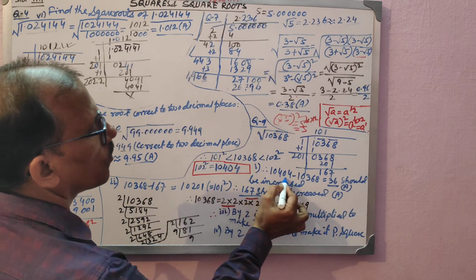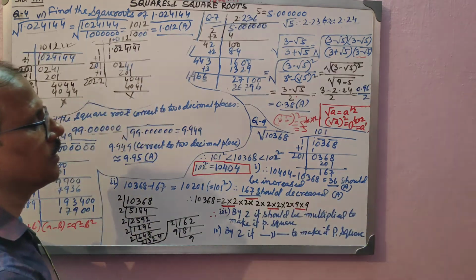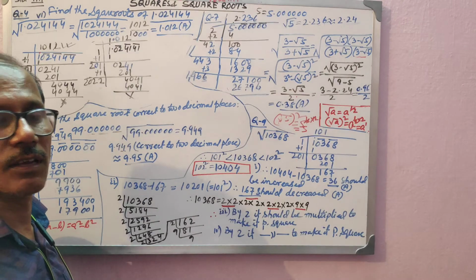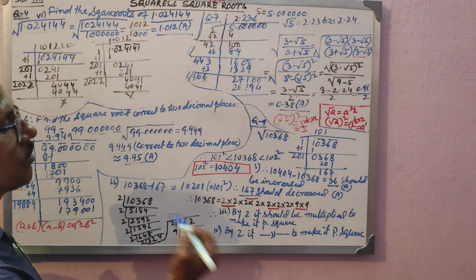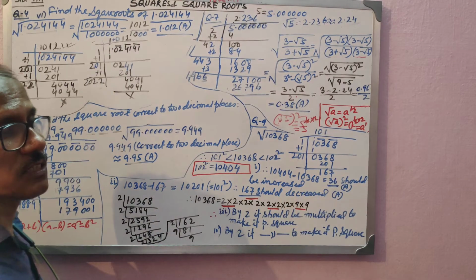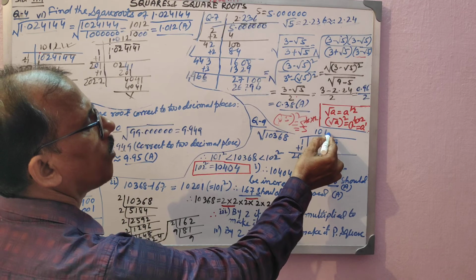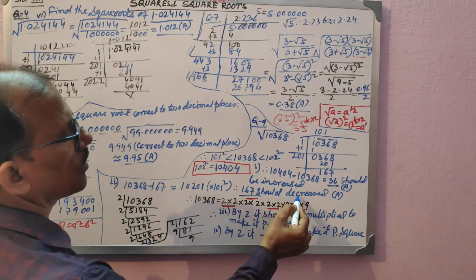So 10404 minus this number, that is 36, should be increased so that it becomes the next number's square. So 36 will be the first answer. The second answer is what I said: 167 should be subtracted from here so that it will be the square of 101.